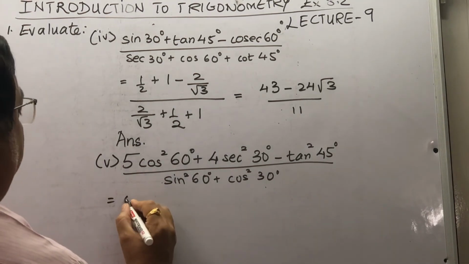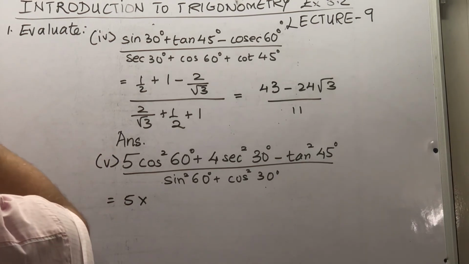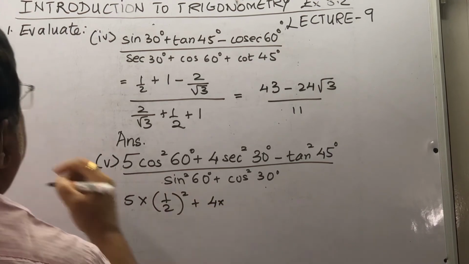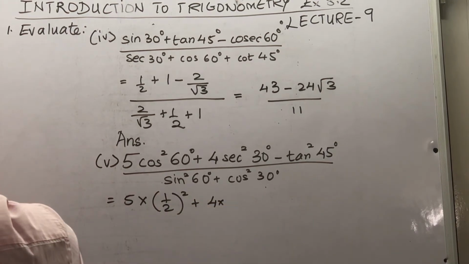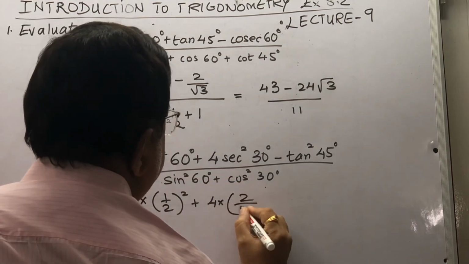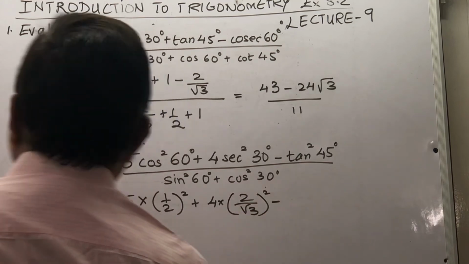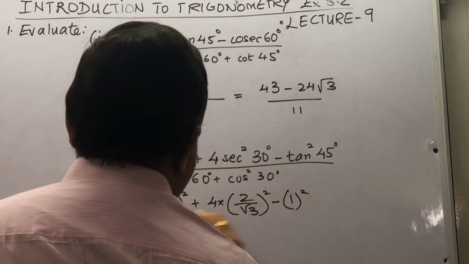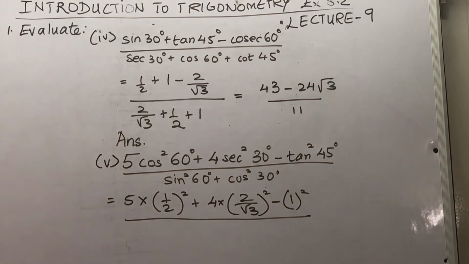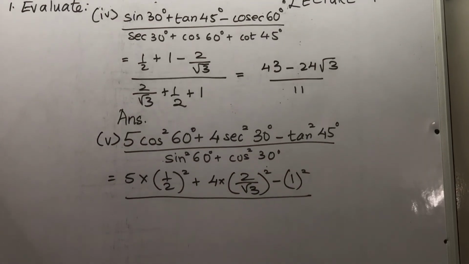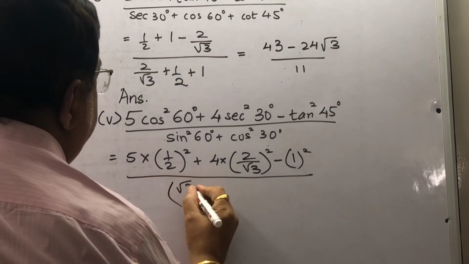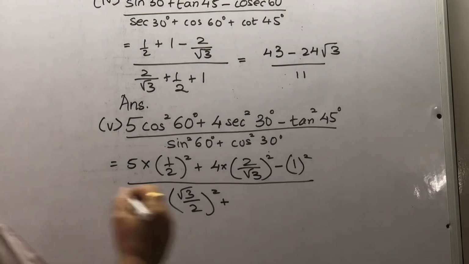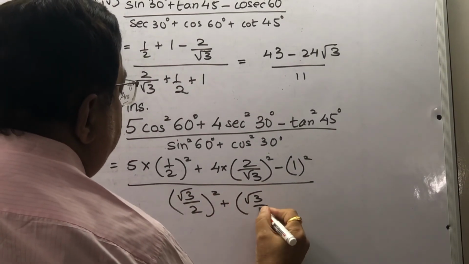This is equal to 5 multiplied by cos of 60 is half, squared, plus 4 times sec of 30 is 2 upon root 3, squared, minus tan of 45 is 1, squared, divided by sine of 60, root 3 upon 2, squared, plus cos of 30, root 3 upon 2, squared.